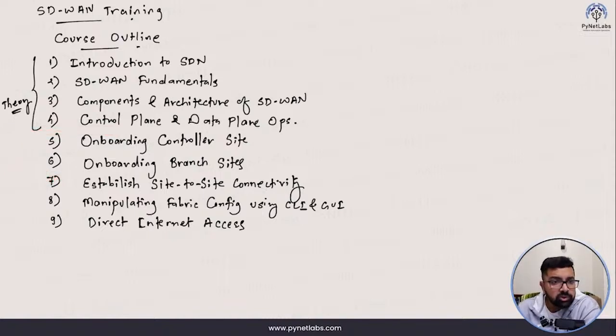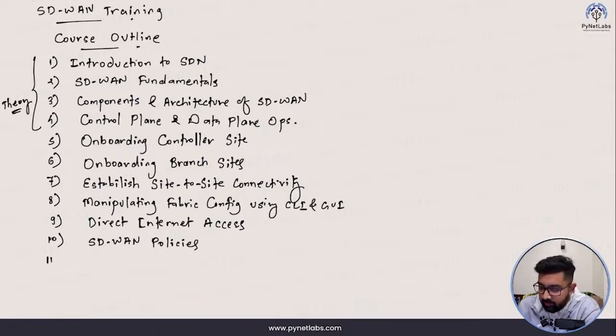Post the direct internet access, we will jump into SD-WAN policies. We'll be exploring centralized policies as well as localized policies in the SD-WAN fabric and try to manipulate the LAN and WAN infrastructure that we have here.